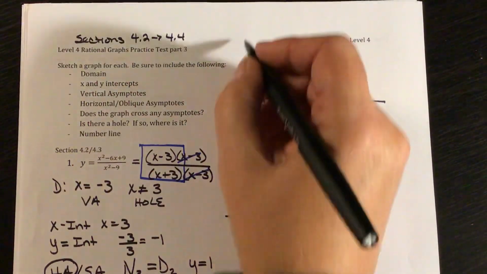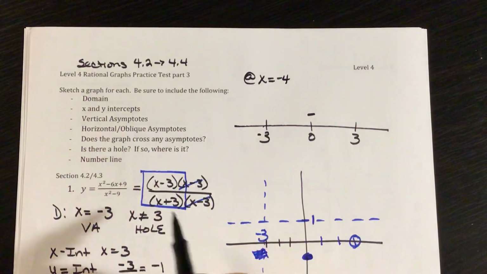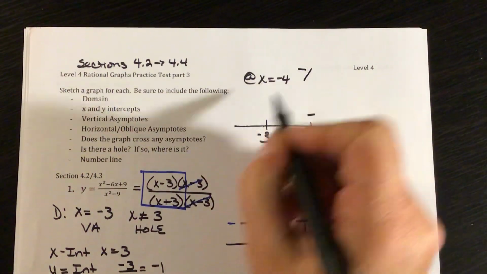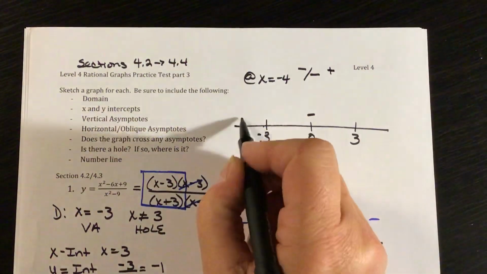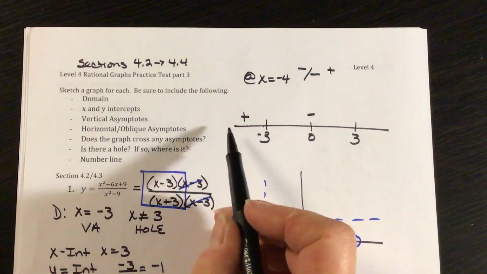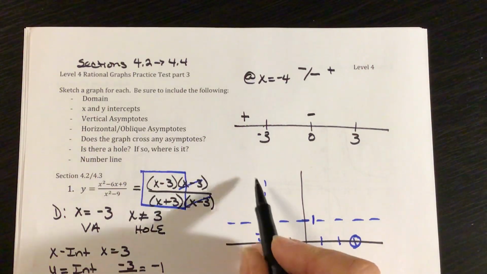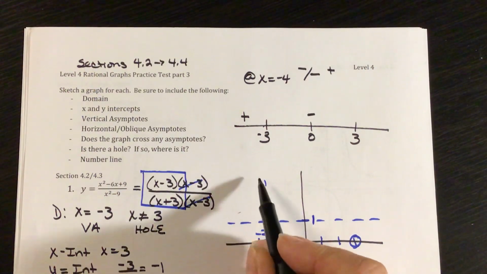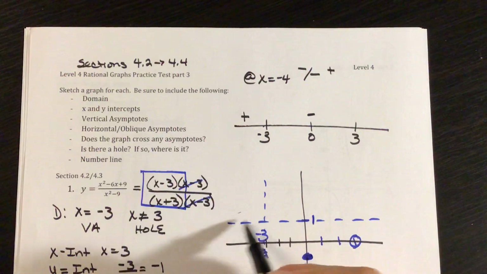But at negative 4, if I plug in negative 4, I have negative 4 minus 3 is negative 7, over negative 4 plus 3 is negative 1. So I'm going to have a positive value to the left of negative 3. And the only place that I would get all positives is where the asymptotes intersect here.